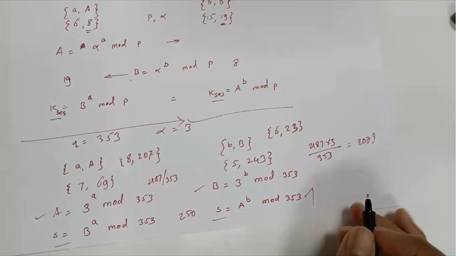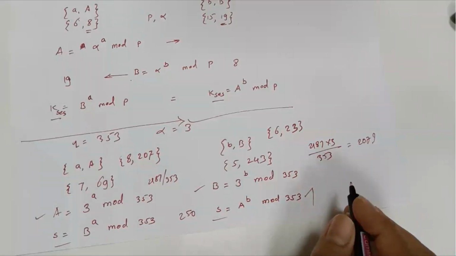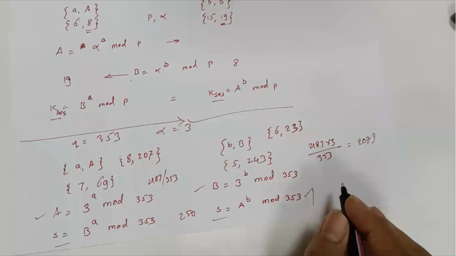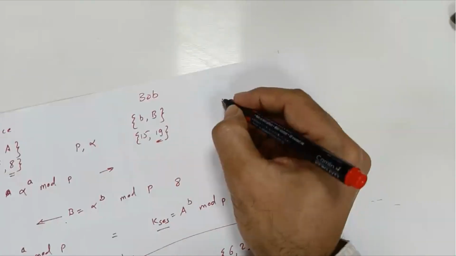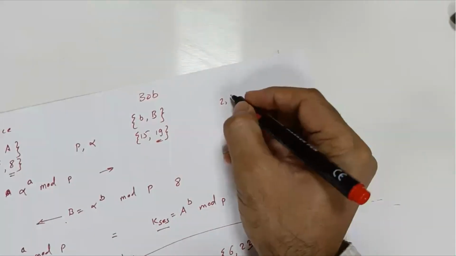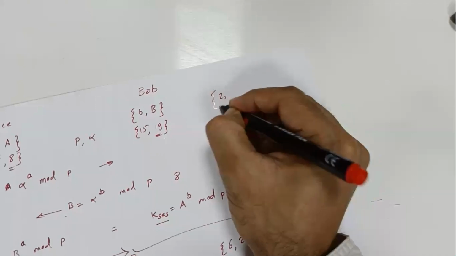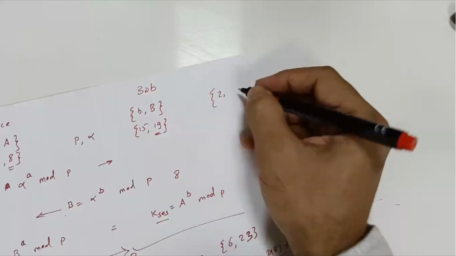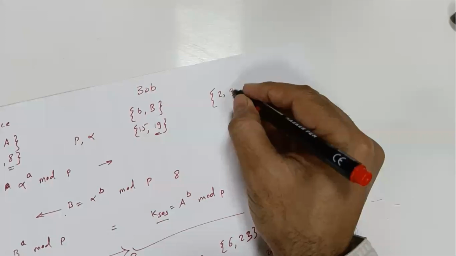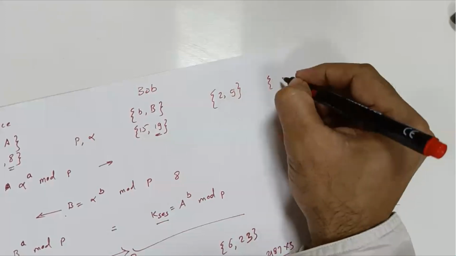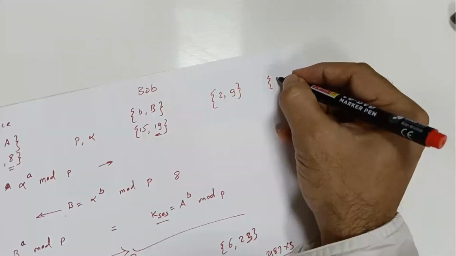Sir, I tried with Alice's private key as 2 and Bob's as 3, and I get the same session key. So what public key have you calculated for Alice? 9, that is 2 and 9. And for Bob? 3 and 27.